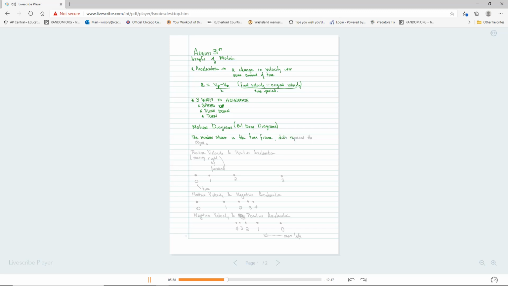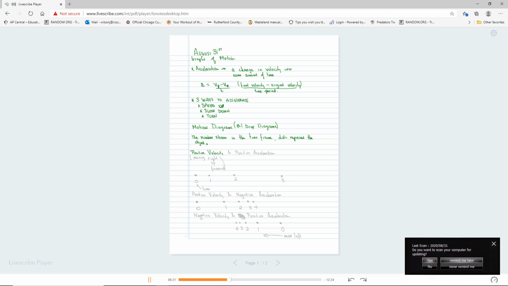Dots represent the object. There are several of these that we need to learn how to do, and we're going to start with positive velocity and positive acceleration. Then I'll pause and let you get caught up because I know some of you are writing.